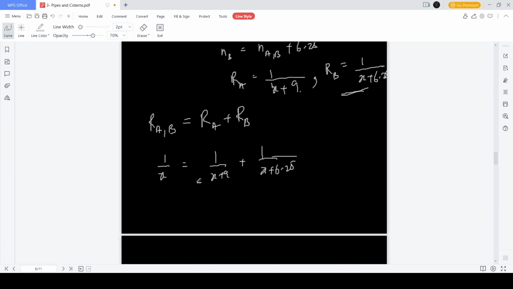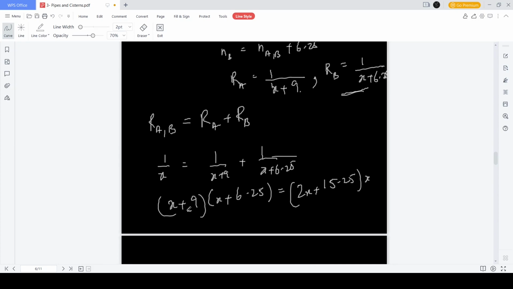Now what we can do is take a common denominator, x plus 9 and x plus 6.25. I'm going to take these two common denominators and send them to the left side. So I'm going to get x plus 9 into x plus 6.25 is equal to 2x plus 9 plus 6.25, that is 15.25 into x.